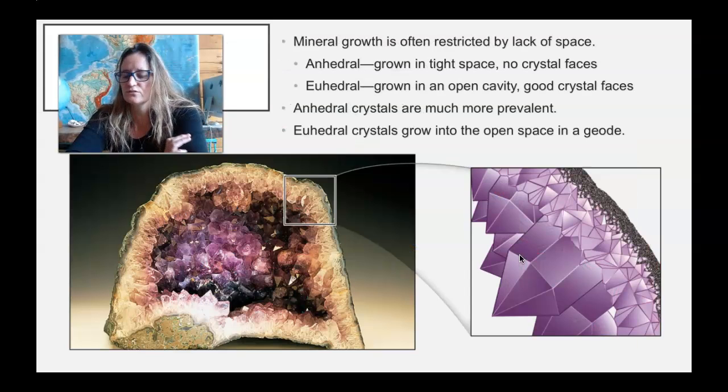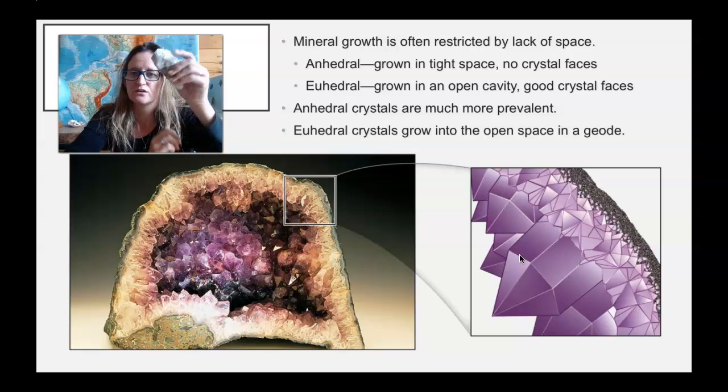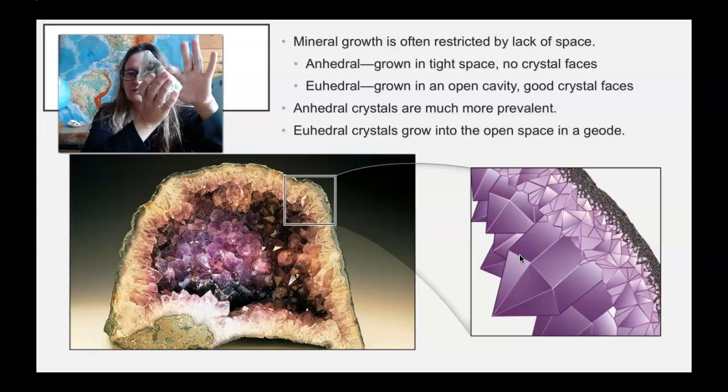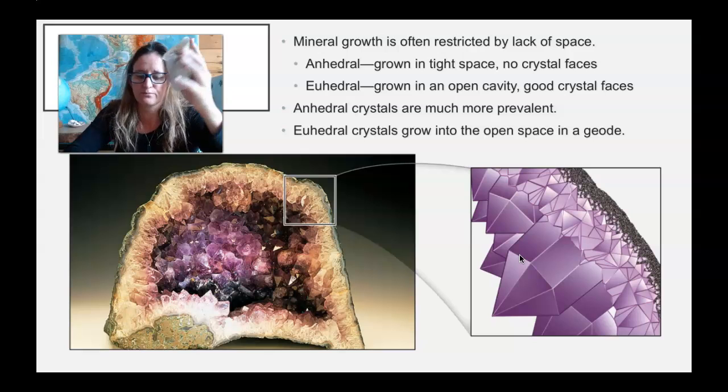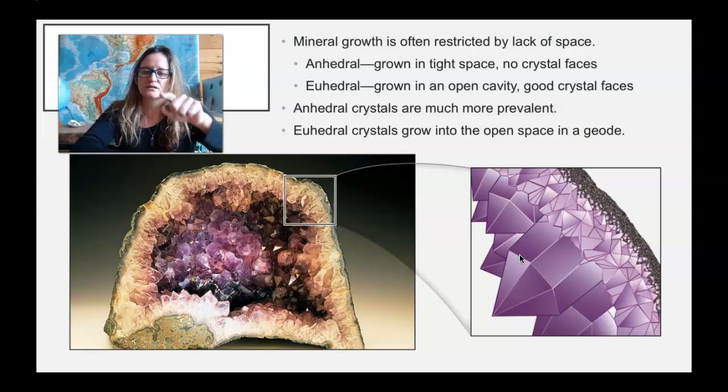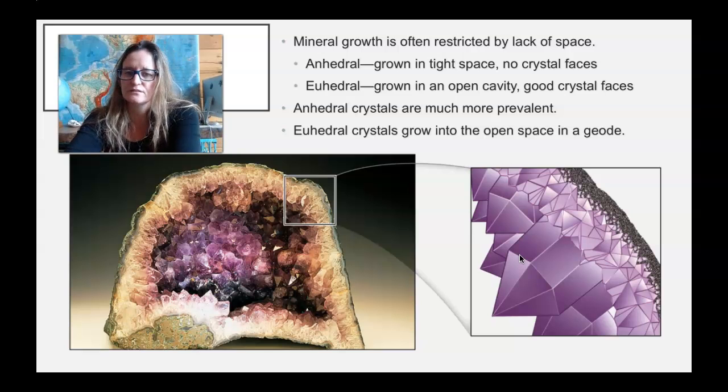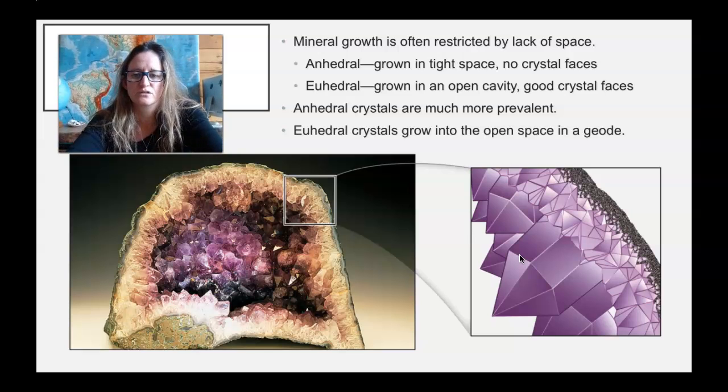Here is a geode, kind of like the one that I was showing, where the outside is going to be the oldest, and then as it grows into a void space, the very tips of these crystals and the crystal faces are the youngest part of that sample. In this example too, these crystals, and this is an amethyst, which is a kind of quartz, those are called euhedral.